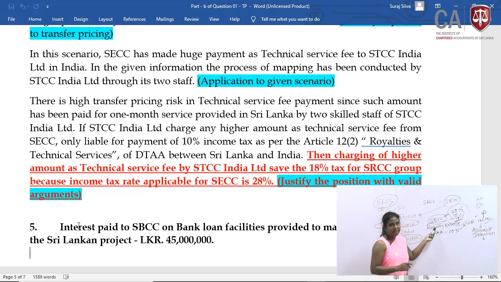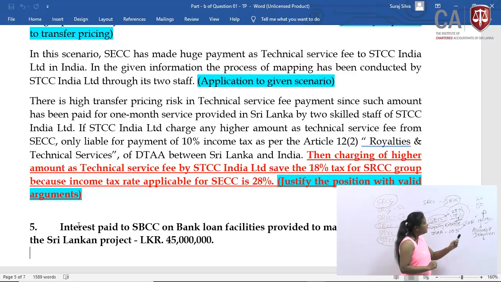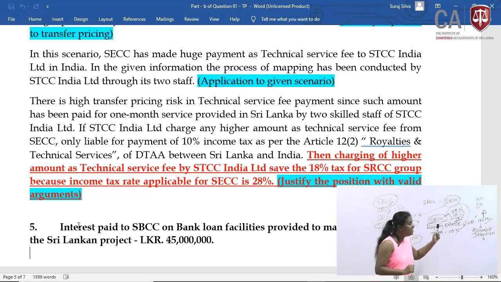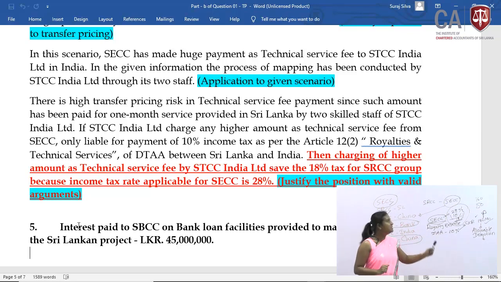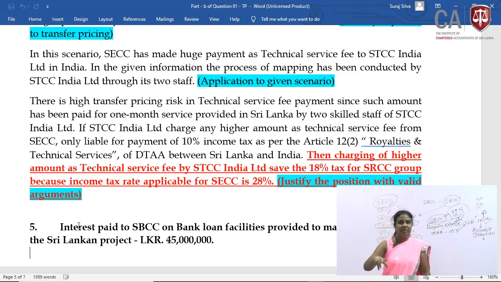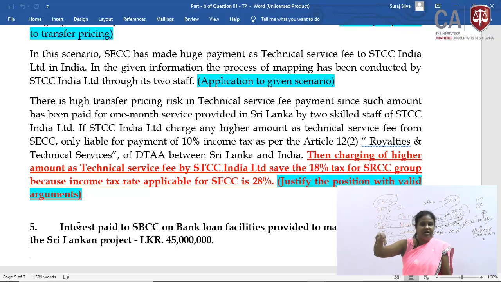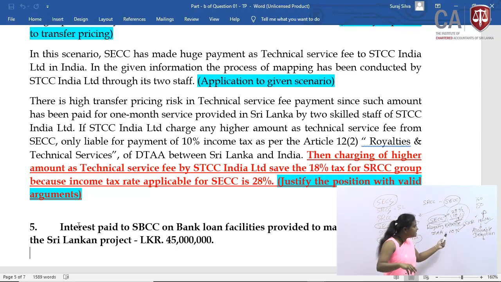Again same thing. By increasing technical service fee, they can increase in the technical service fee and remitting it to the STCC India, it is an allowable expense for SECC, thereby the business income, even calculating of business income, this is an allowable expense, thereby business income going to reduce.